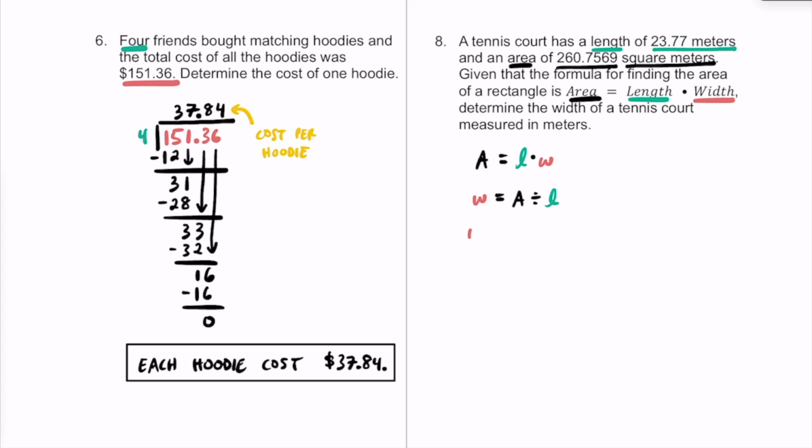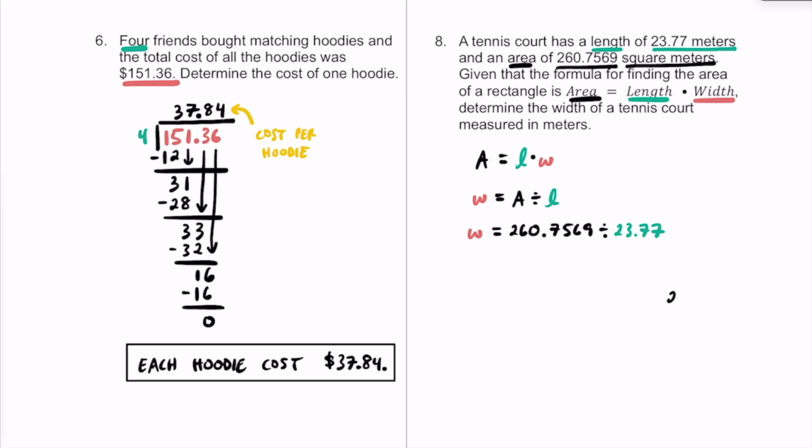The width is going to be equal to the area, 260.7569, divided by the length, which we know is 23.77. If we can divide these two numbers, we should find the quotient, which is going to be how wide the tennis court is.